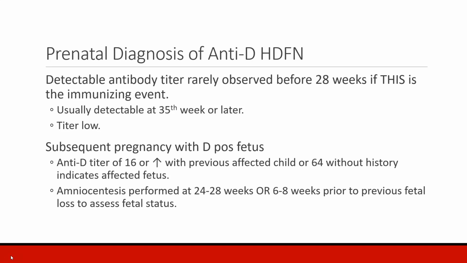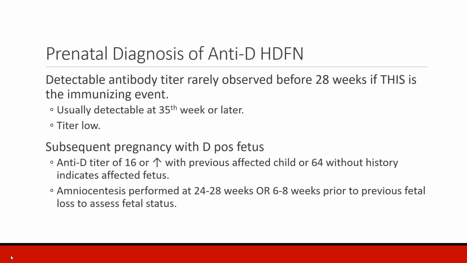Prenatal diagnosis of anti-D: a detectable antibody titer is rarely observed before 28 weeks if this is the immunizing event. It's usually detectable at the 35th week or later. Remember, full-term pregnancy is 40 weeks, and the titers are low. In subsequent pregnancies with a D-positive fetus, I want you to know this, an anti-D titer of 16 or higher with a previously affected child, or 64 or higher without history, indicates an affected fetus.